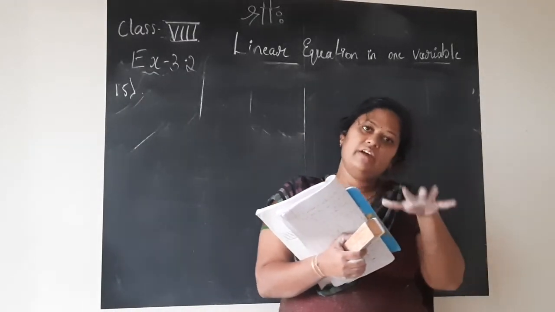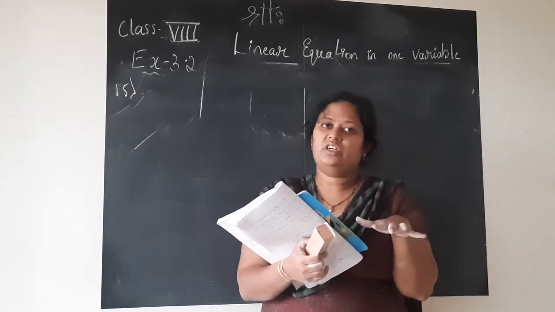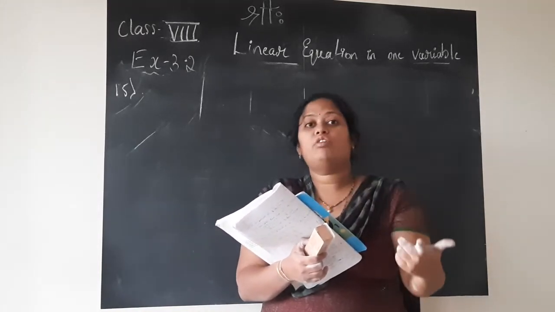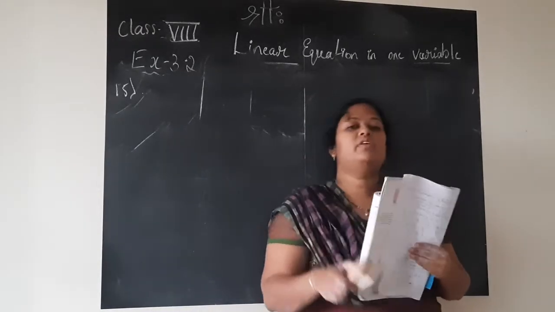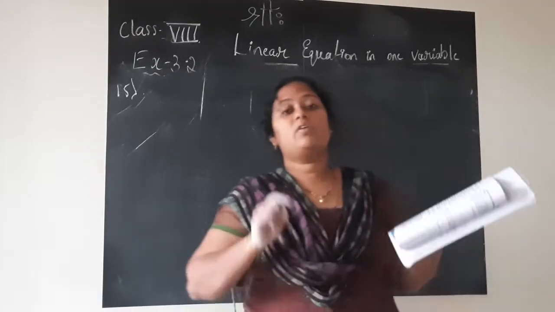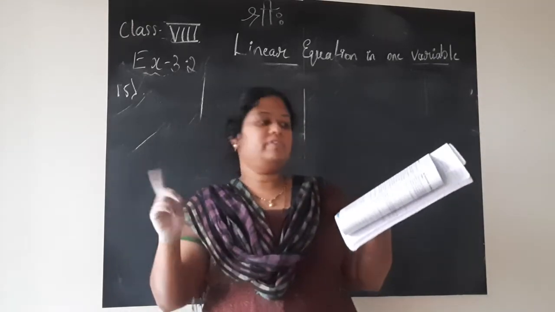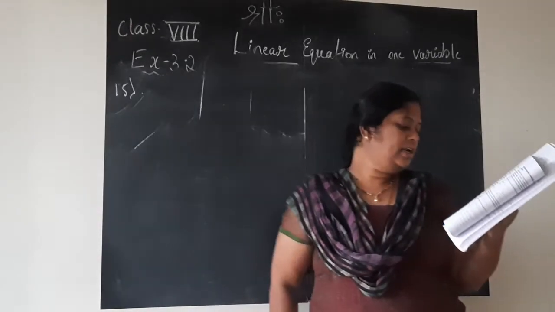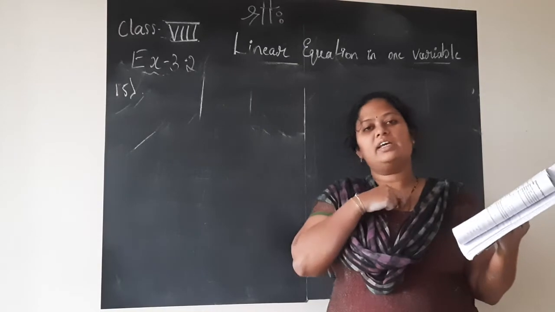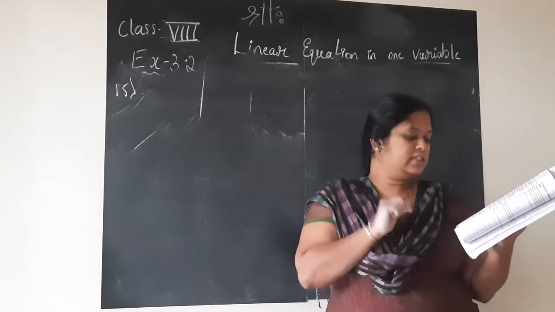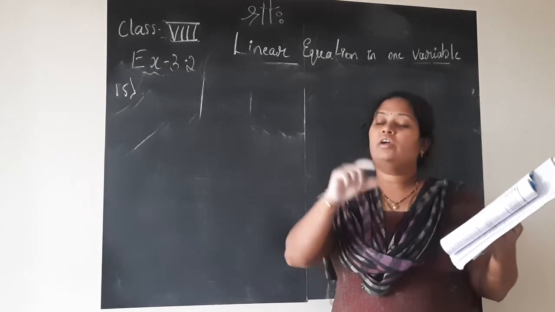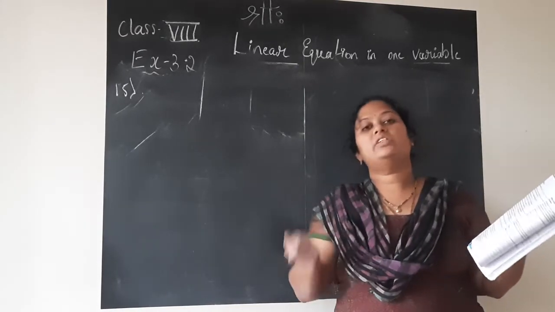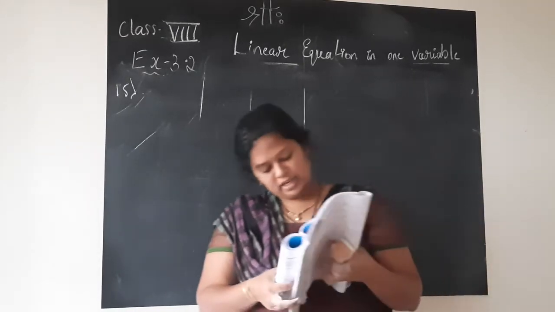So however many 5 rupee coins are there, the 2 rupee coins are 3 times that. Hope you understood the question. The total number of coins with 2 rupee, 1 rupee, 5 rupee is 160. How many coins of each denomination are with me, how many 1 rupee, 5 rupee, 2 rupee coins, we should help him in finding out.